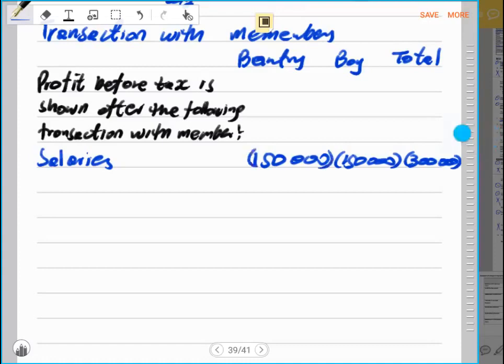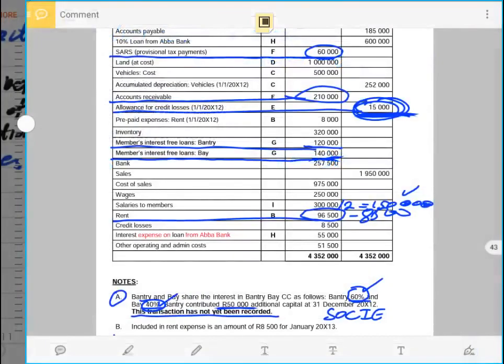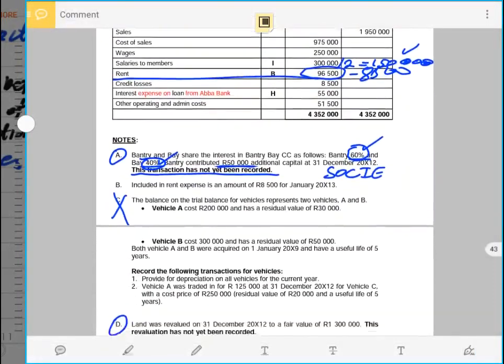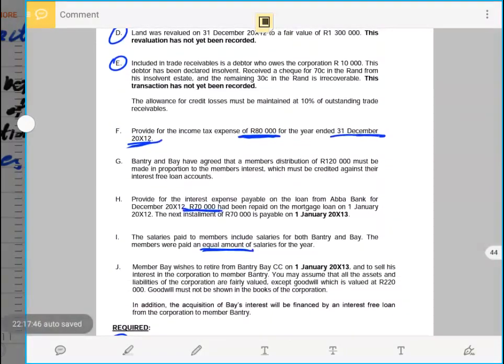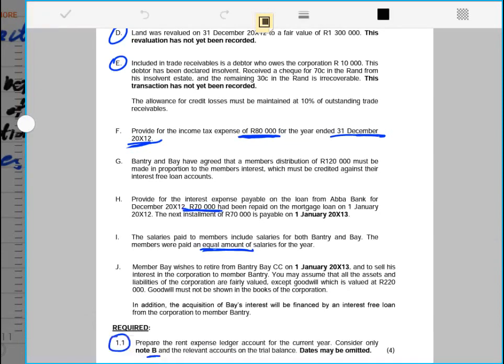The 150,000 rands, remember, came from the adjustment that told us that there was an equal amount of salaries to the members for the year.